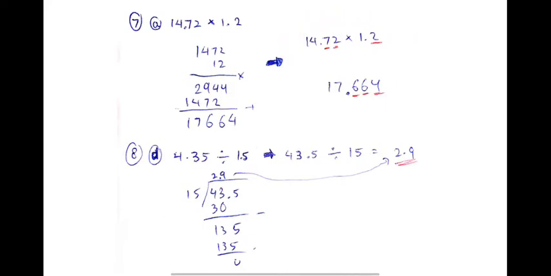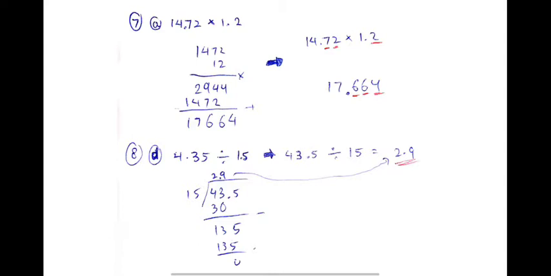So you want to change the last answer in a way that it will also have the 3 decimal places. So we can just count from the very last digit, from the ones, and then tens, and then hundreds, 1, 2, 3. And after you have the 3 decimal places, you just put a decimal point there, and then you will have 17.664.